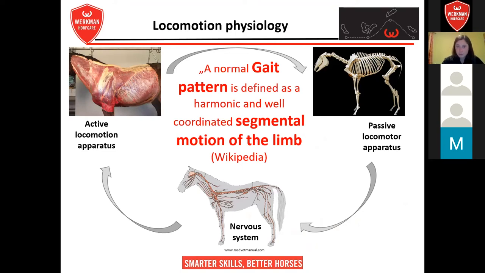And the segments of the limb consist of an active part. The active locomotor system is the musculature. Muscles are the only tissue able to contract, so they can actively change their length. And they move parts of the passive locomotor system. And all this is regulated by the nerve system.